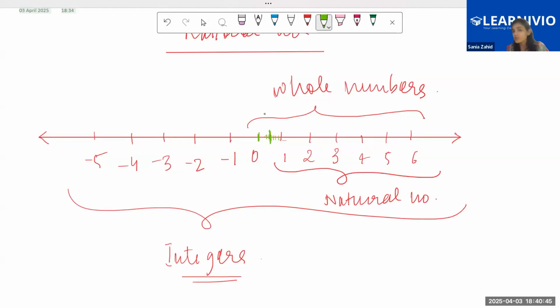If I have exactly between 0 and 1, I am going to have a number which is 1 by 2. So 1 by 2 is a fraction. It lies between 0 and 1, and 1 by 2, I know it is a rational number. Now similarly between 2 and 1, what I am going to have is 3 by 2.